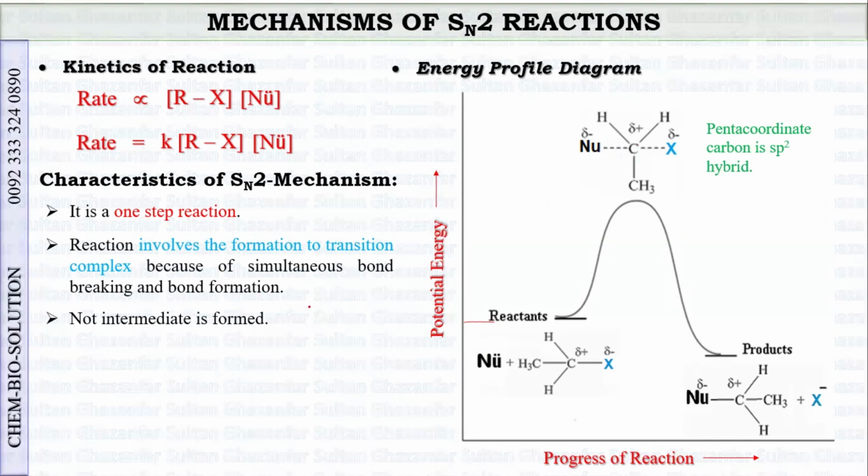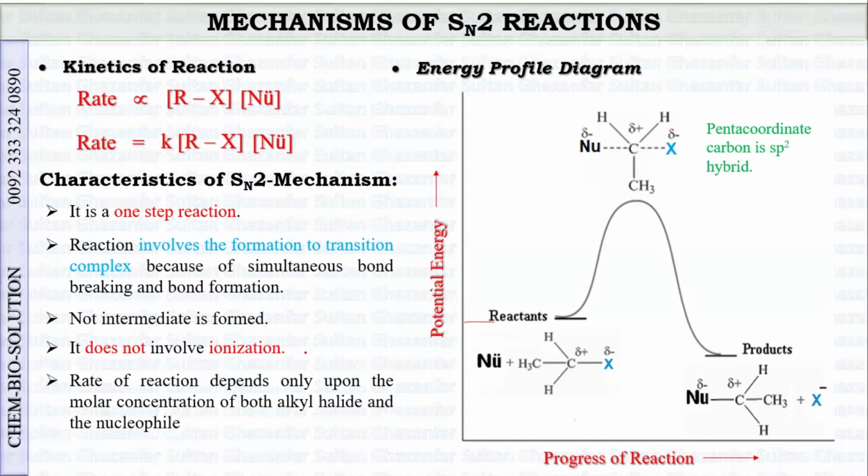No intermediate is formed. It does not involve ionization. Definitely, if an intermediate is not formed, ionization is also not involved. The rate of the reaction depends upon the molar concentration of both the alkyl halide and the nucleophile.